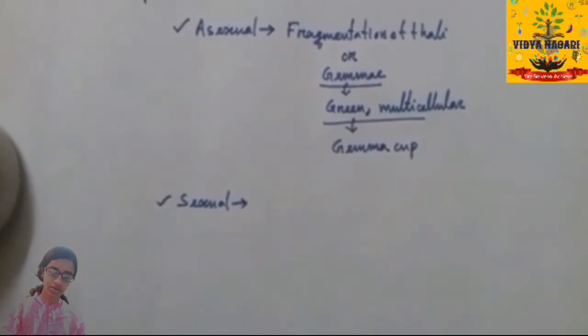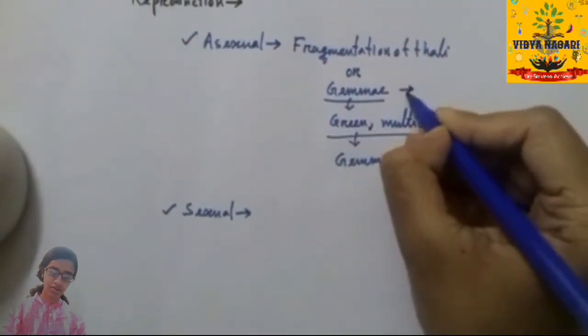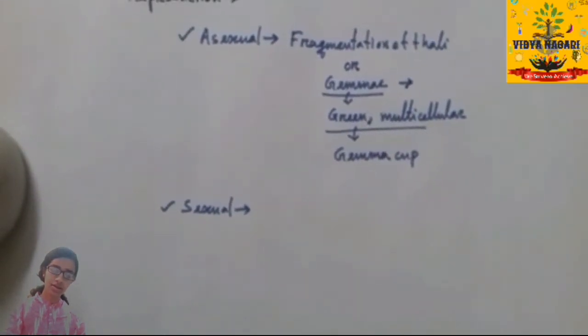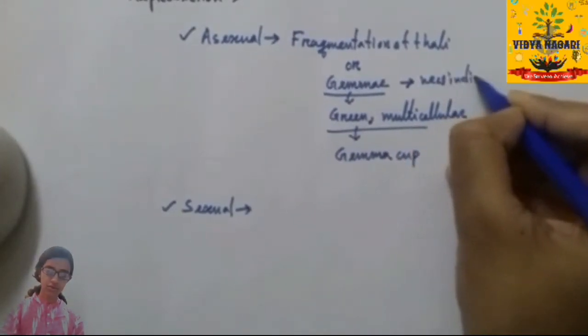The gemma detaches from the parent body, then germinates and forms a new individual.